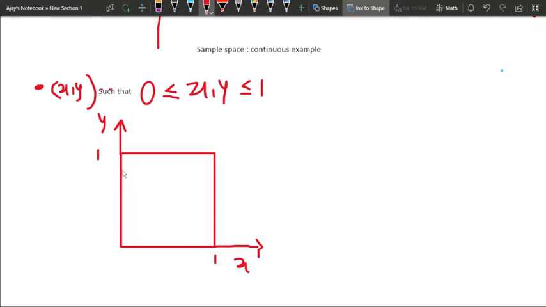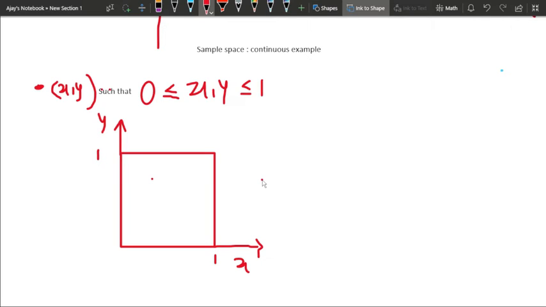We have a rectangular target, which is the unit square, and you throw a dart on that target.